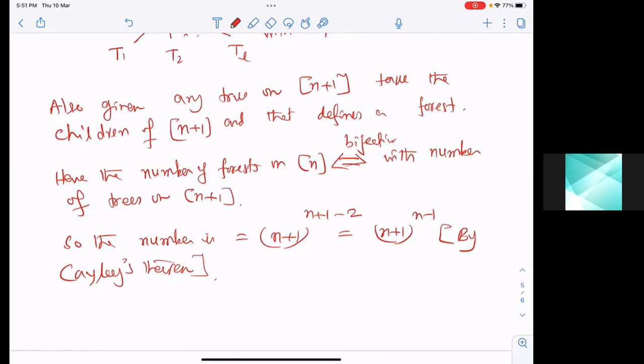And the converse is already true. So I guess you are saying the same thing in a different way. I am thinking you can take any tree and think of n plus 1 as a root and collect its children. That defines a forest. Is that what you are saying also? I guess so.